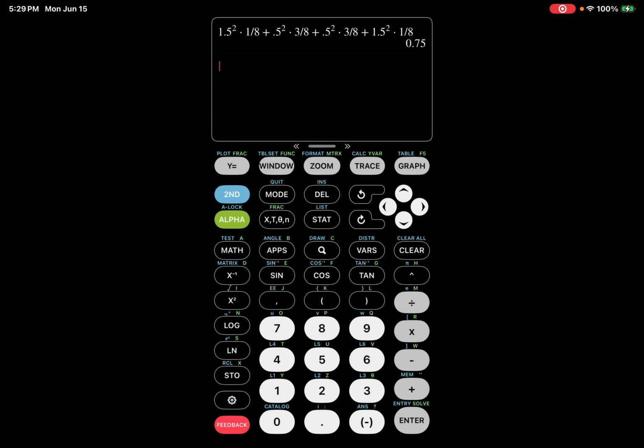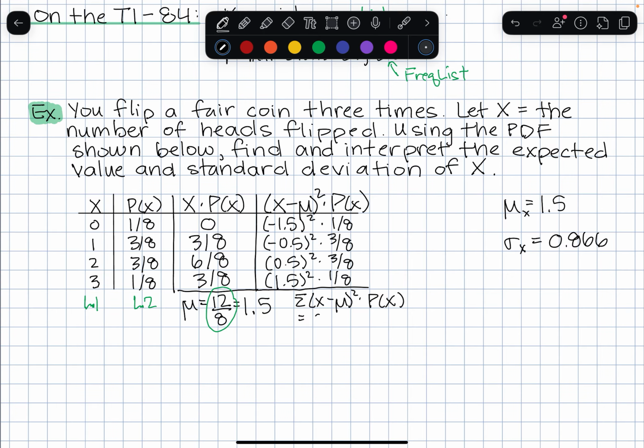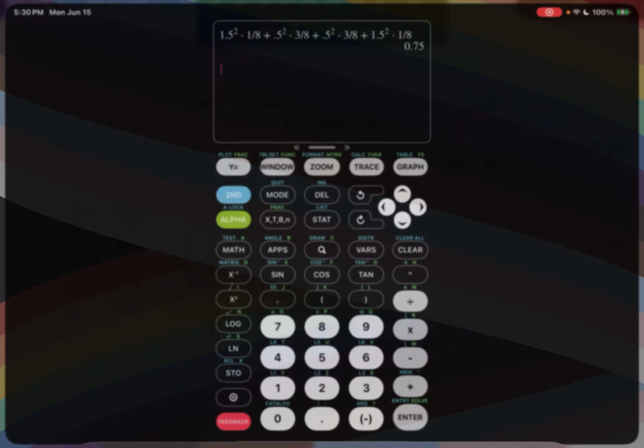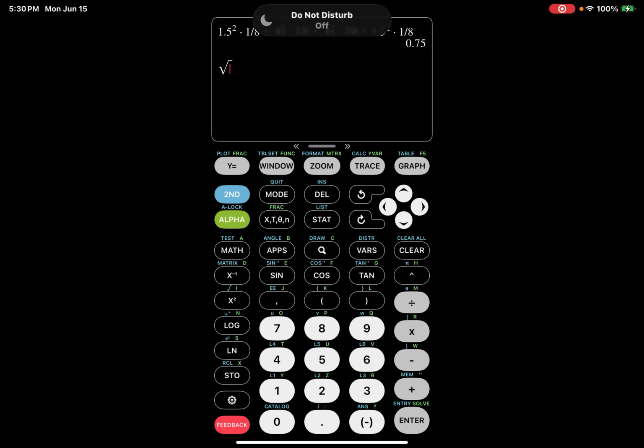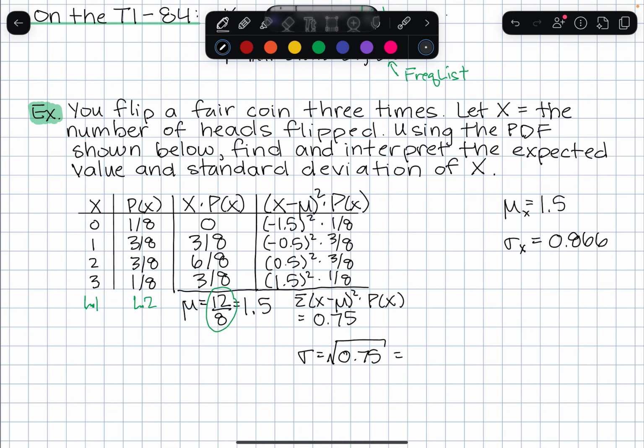That gives 0.75, that's more promising. And I know that my standard deviation is going to be the square root of that sum. So we want the square root of 0.75, and we get 0.866, which is convenient because that is exactly what the TI-84 gave us when we ran 1-Var Stats.